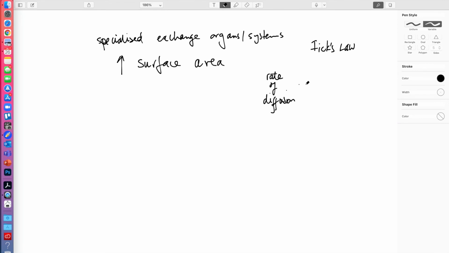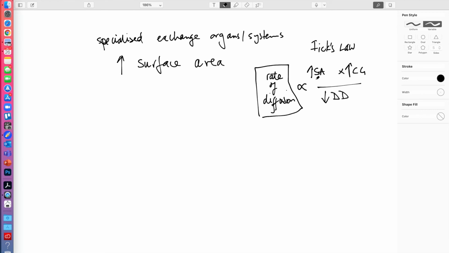Okay, so the rate of diffusion is proportional to the surface area multiplied by the concentration gradient divided by the distance of diffusion. Okay, so the higher this is, the higher that is, and the lower this is, makes this value bigger.